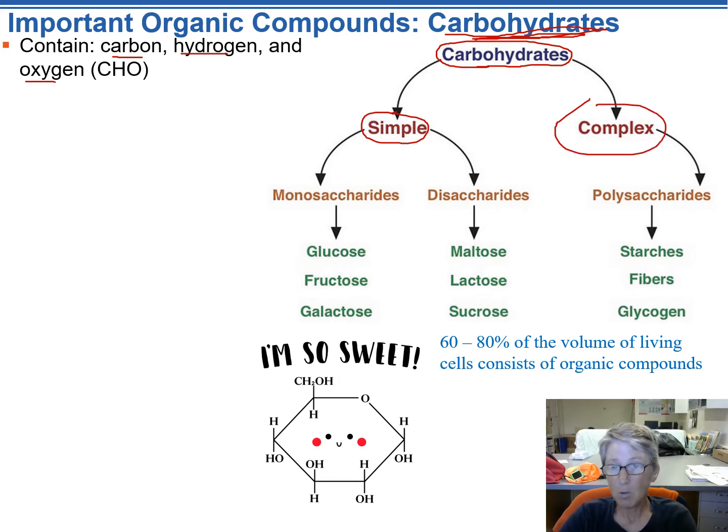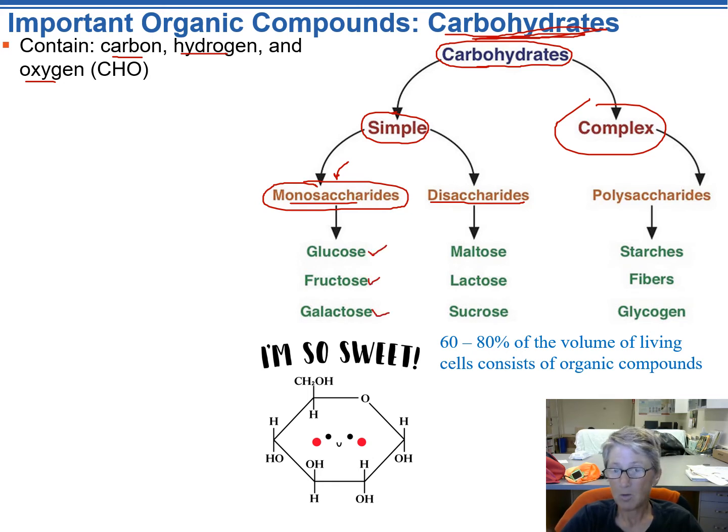If you are a simple carbohydrate, you can be a monosaccharide. Saccharide just means sweet in Greek. A single molecule would be a monosaccharide, and when you have two monosaccharides linked together, you would be called a disaccharide. Examples of monosaccharides are glucose, fructose, and galactose.